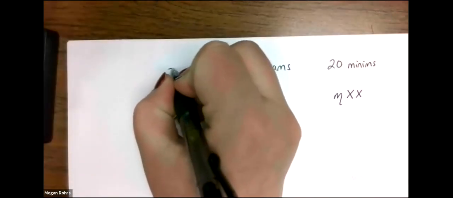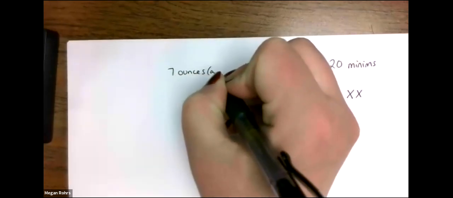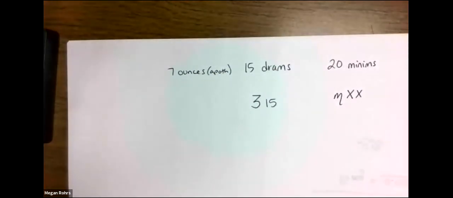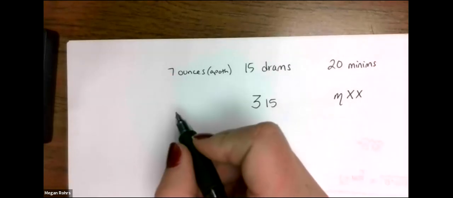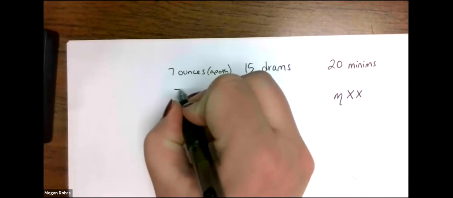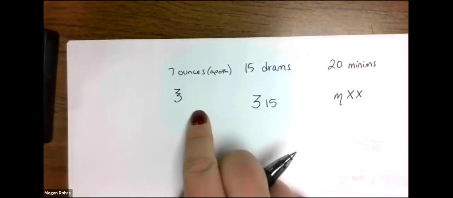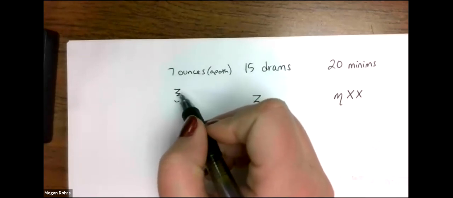Let's do one more. Let's say we have 7 ounces, and this is apothecary, so we're not using the household ounces. We're not using OZ here. So 7 ounces, the symbol would go first. So the symbol for ounces looks very similar to the dram. It just has an extra little couple lines on the top there.